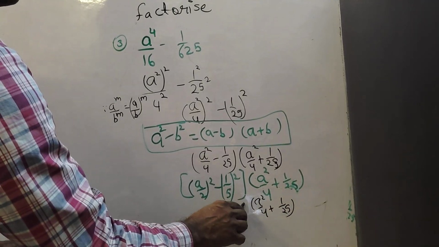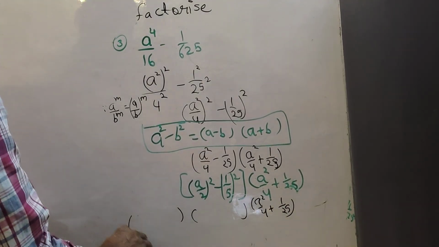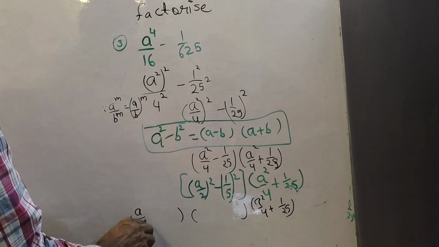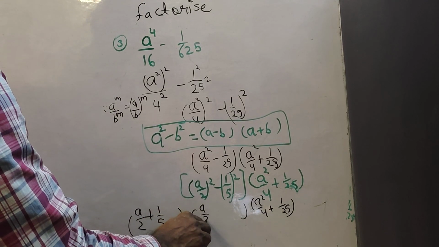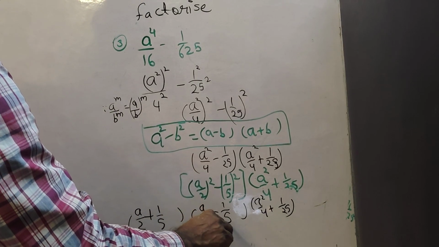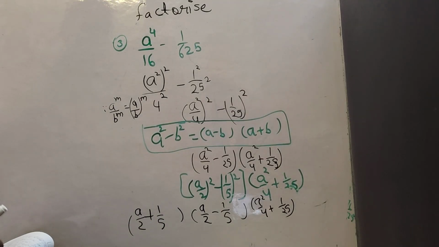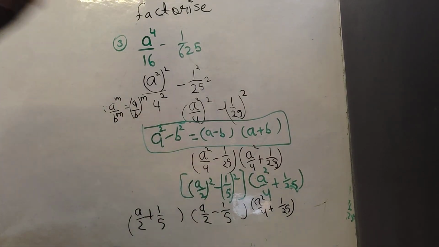Here we convert to two brackets. In the first bracket we write a over 2 plus 1 over 5, in the second bracket a over 2 minus 1 over 5. So this is the monomial term, and this is the final answer here. Next, question number 4.